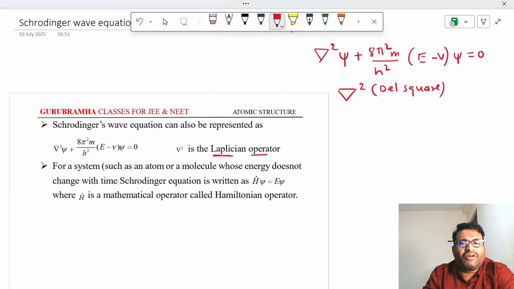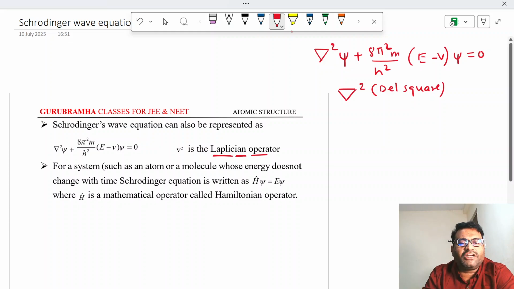What the Laplacian operator is and how it is used are out of our syllabus. Simply remembering these things is in our syllabus. It's one type of mathematical operator. In mathematics we study plus, minus, divided by, into.